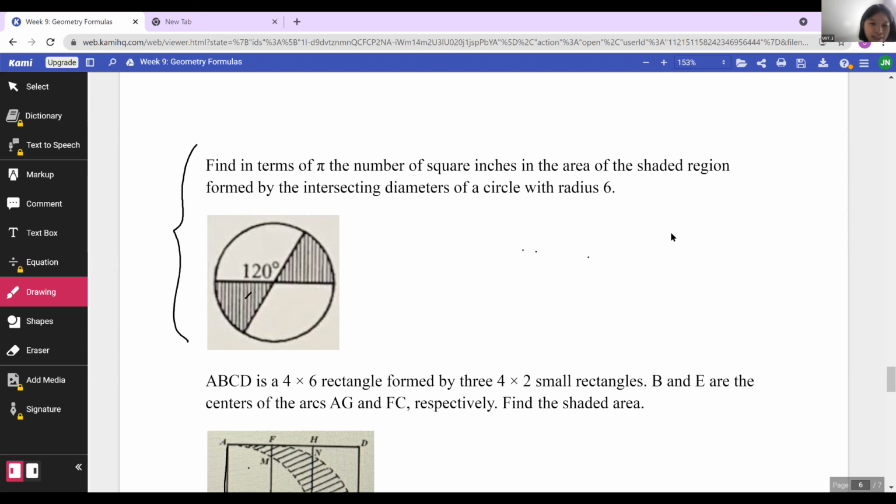Well, it's actually something close, because 36 pi is the area of the whole circle, so that's 6 squared times pi. Do you say 60? I use 60 as theta.